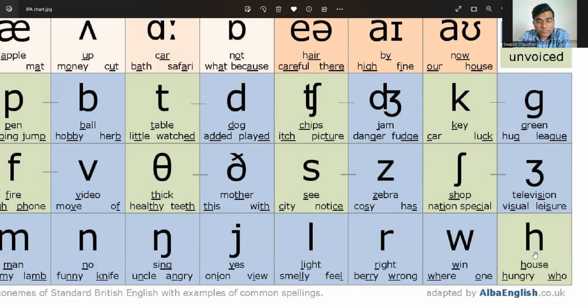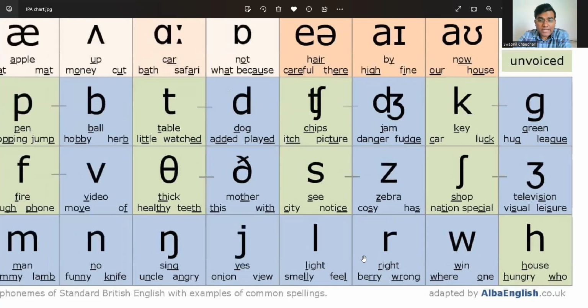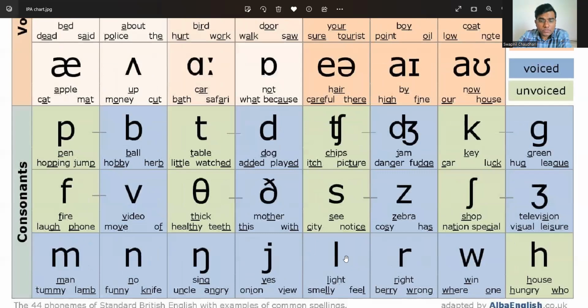Then we have the H sound, as in house, hungry, who, represented by small h. So how many new signs are there in this row? We have one and two new symbols to remember. Now let's go to the next one.